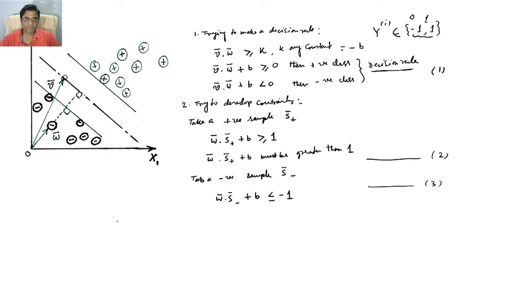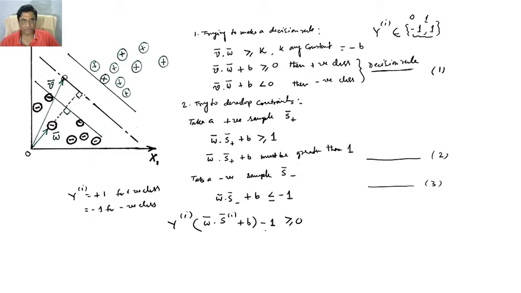So how to combine 2 and 3? You see, just that this equals +1 for the positive class and equals -1 for the negative class. So I am introducing a parameter y_i as the label of the i-th sample, so y_i (w dot x_i + b) - 1 greater than or equal to 0.